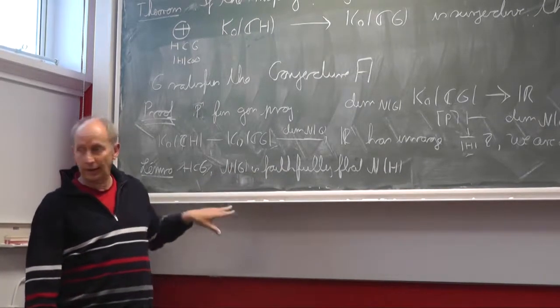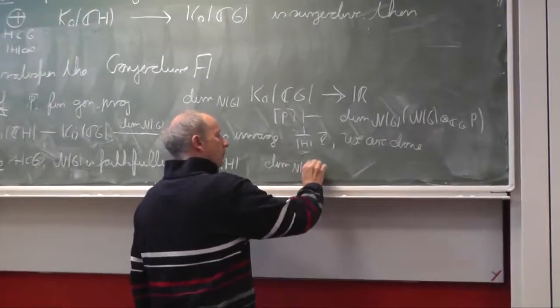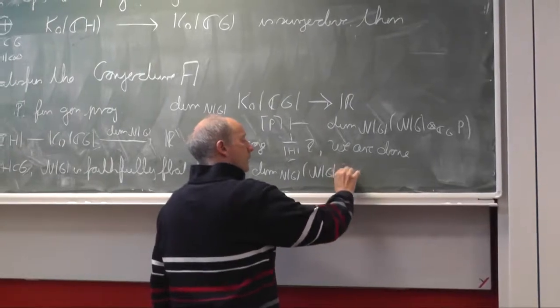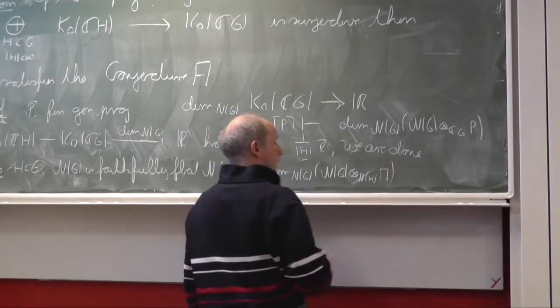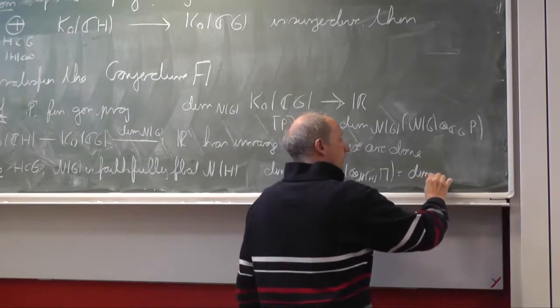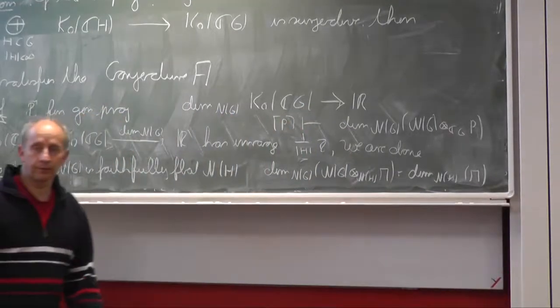So it's the best you can get. And moreover, the dimension satisfies the formula you're hoping for. If you induce a module up from H to G and then take the dimension, I can just take the dimension on the H level first, and that's it.